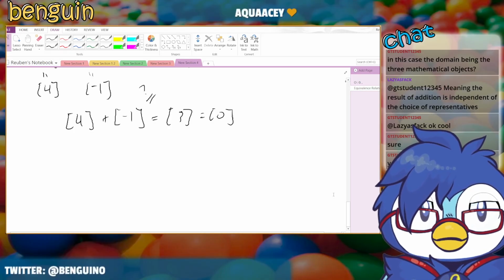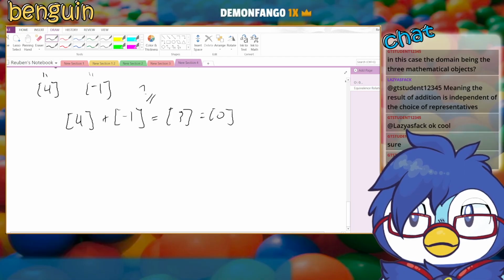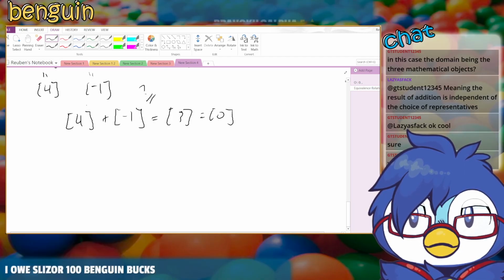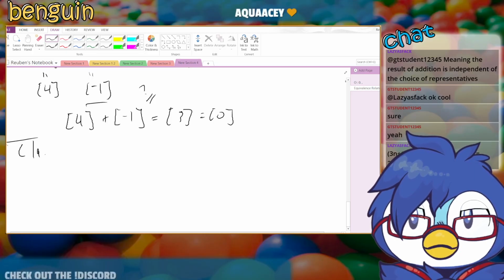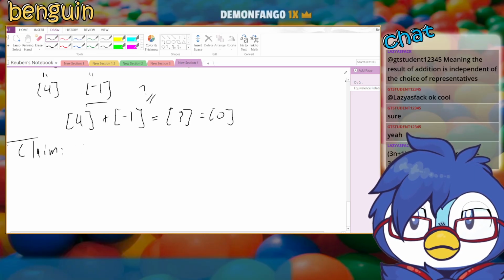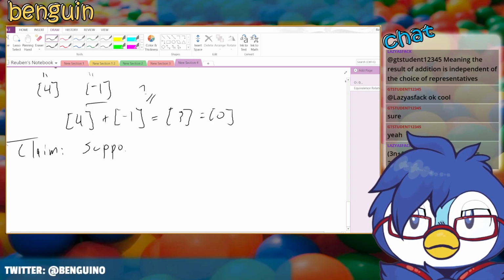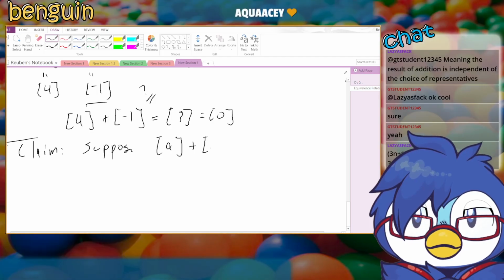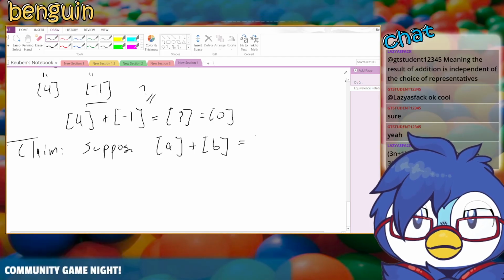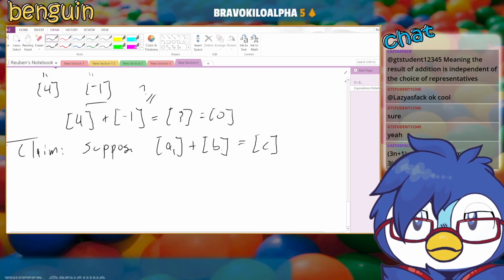Okay. So what we want to show, here's our claim. Suppose that A plus B equals C. We're going to call these A1 and B1.